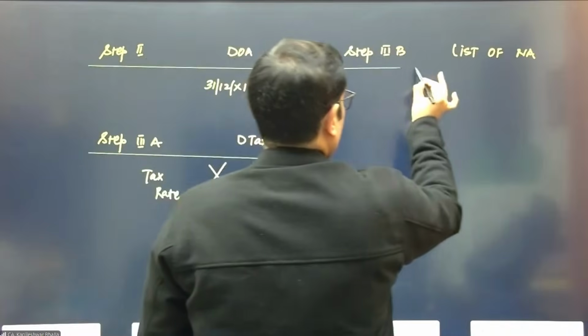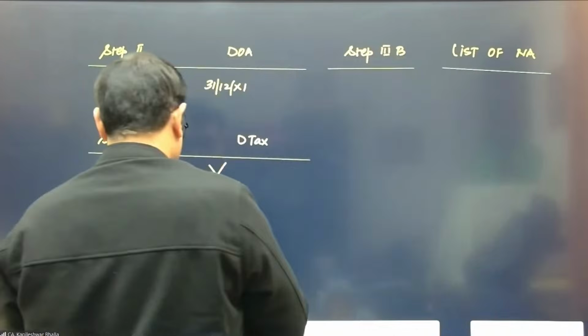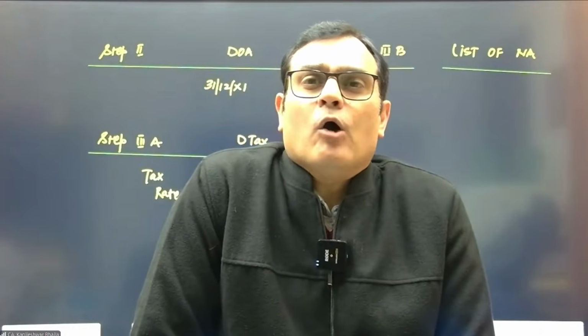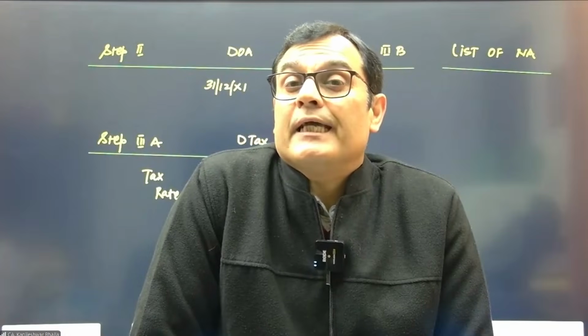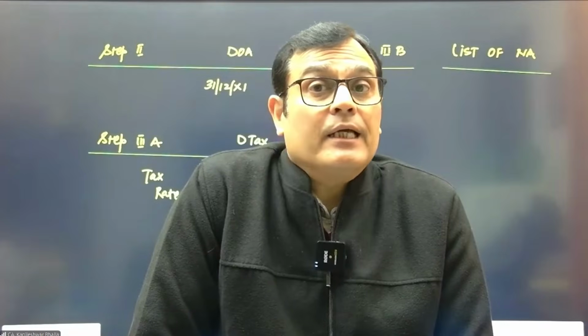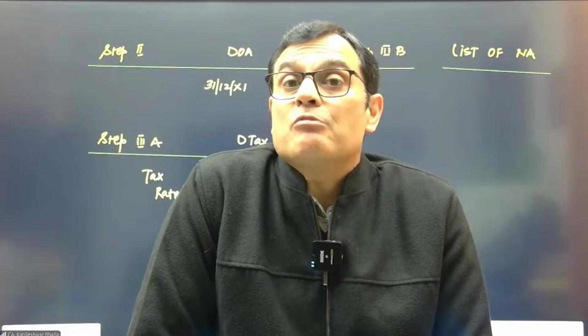Now, when you get the list of the net assets, one focus needs to be very, very clear. We always need to consider the net assets of the accounting acquiree. Remember, A is the legal acquirer, but A is the accounting acquiree.